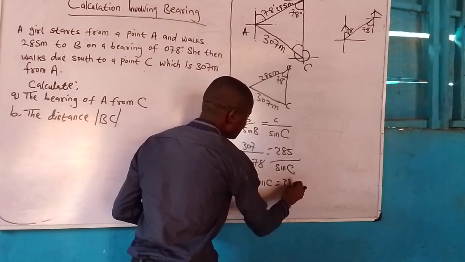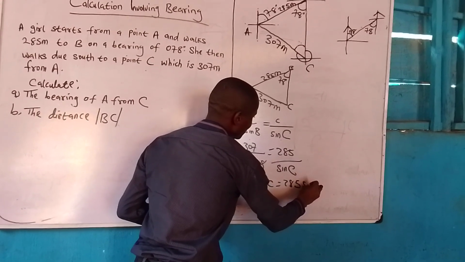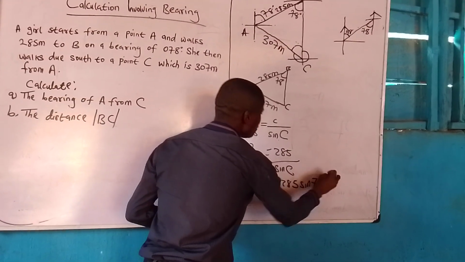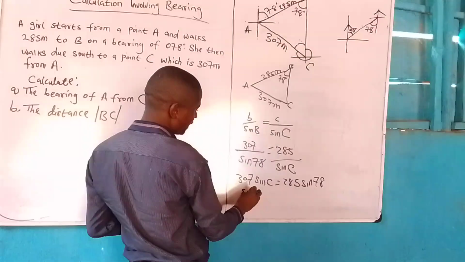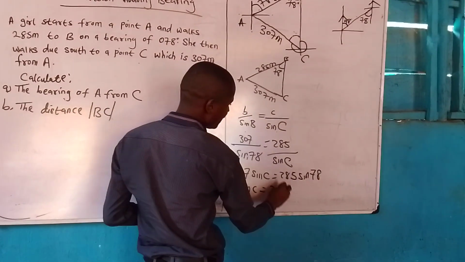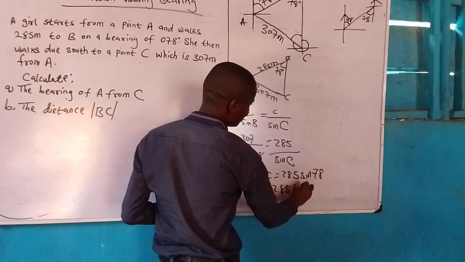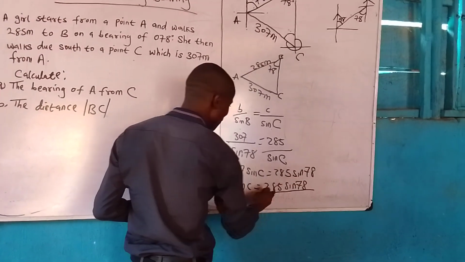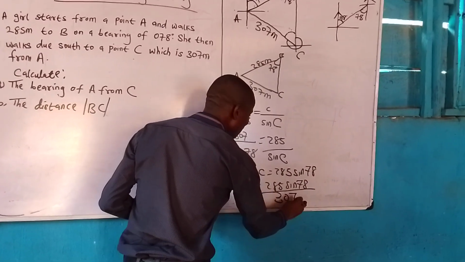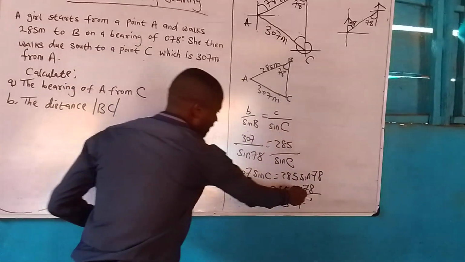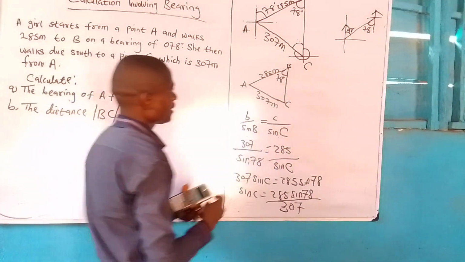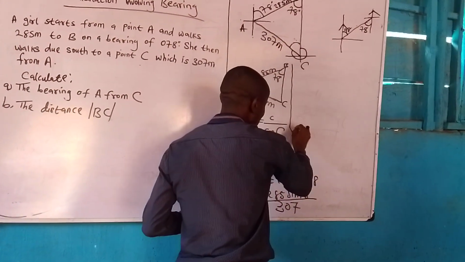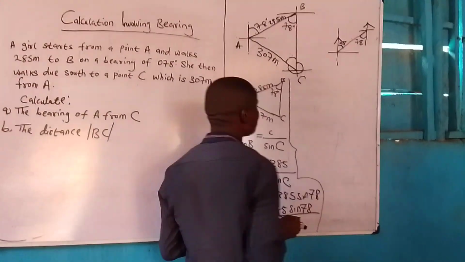So it should be 285 sine 78. What do we do? You just divide both sides by 307. That will be sine C equal to 285 sine 78 divided by 307. To find the sine of this, just punch your calculator, and let me split this so that we have more space to solve other questions.